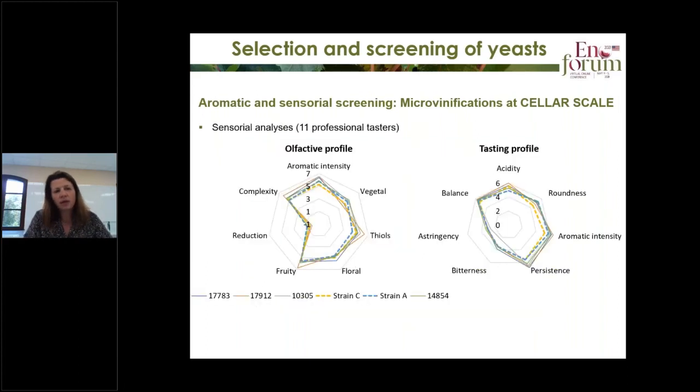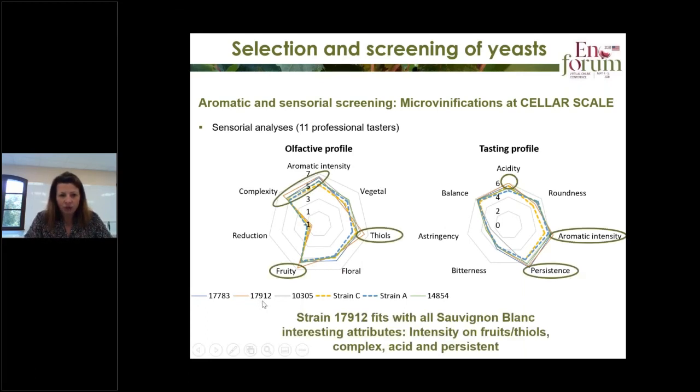And the wines were evaluated by a tasting panel consisting of 11 professional tasters, and strain 17912 scored higher than other strains for fruity, thiol, and complexity in olfactive profile, and in acidity, intensity, aromatic intensity, and persistence.